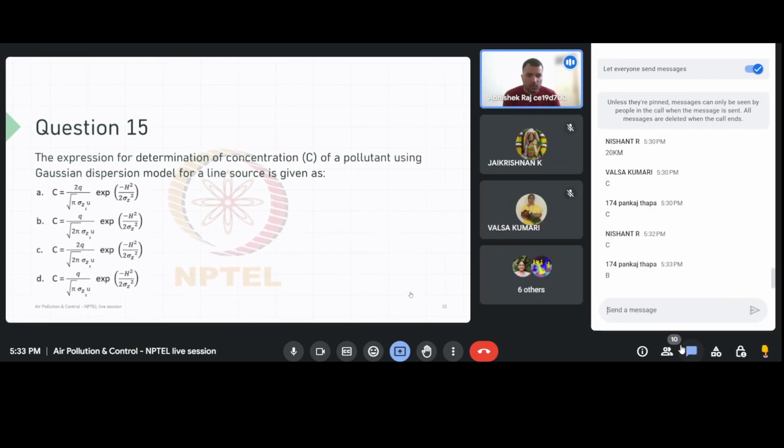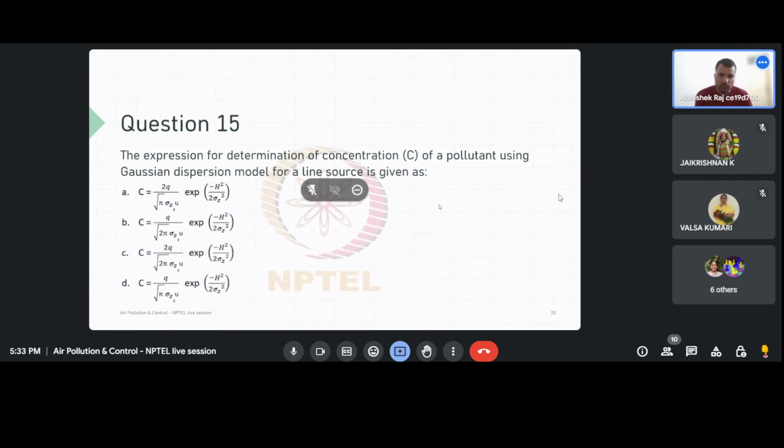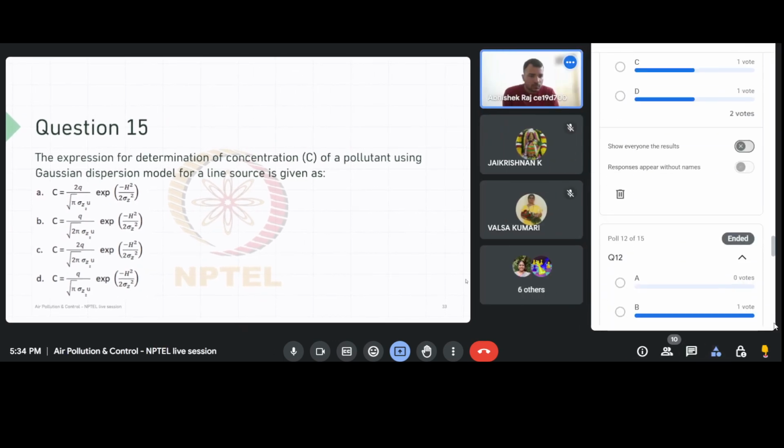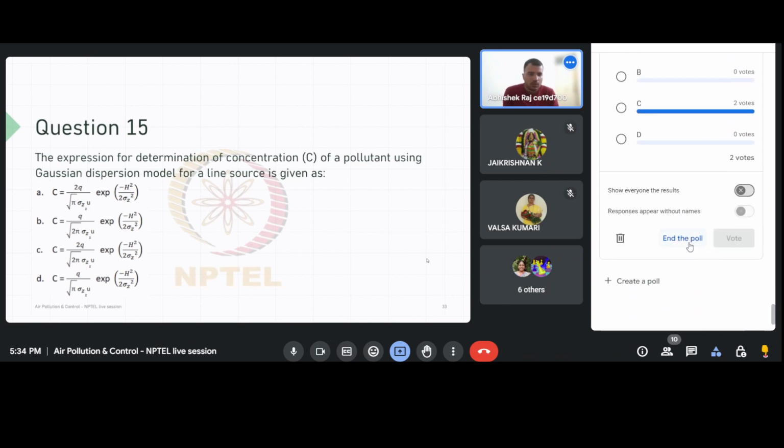I think people are saying option C, option B. Okay, we'll see the answer.